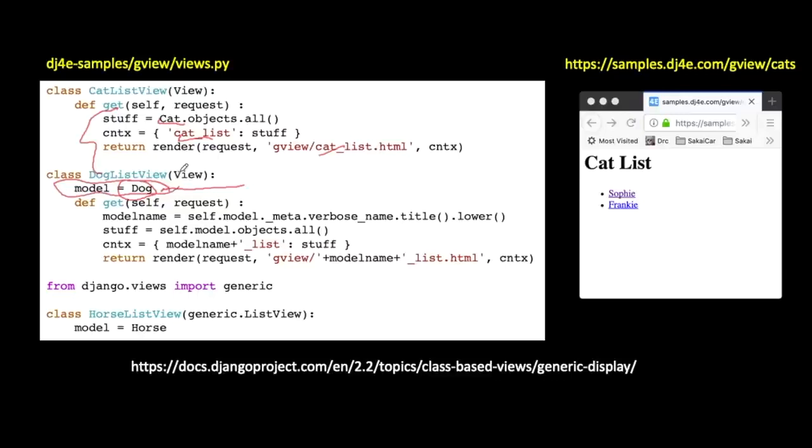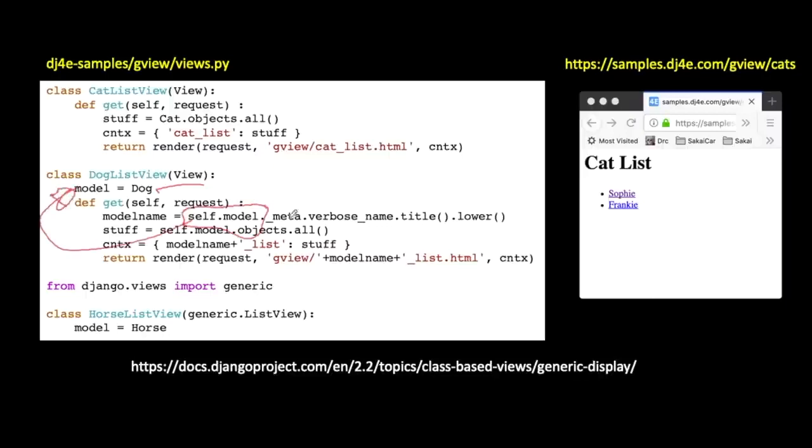Okay? Now the tricky part is sometimes we're just using the model, and other times we are going to actually turn it into a text string. So if we take a look at this, we have this variable model, and in the get request, self.model is the way to refer to that model variable on the particular instance we're in.